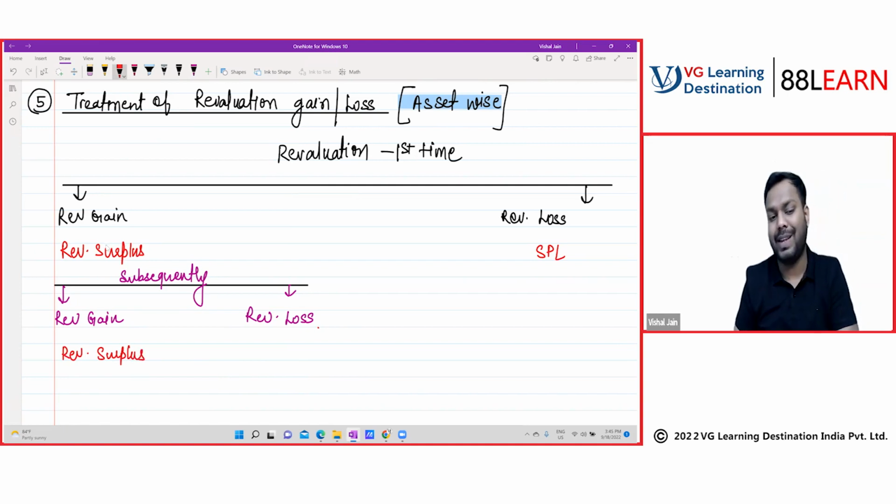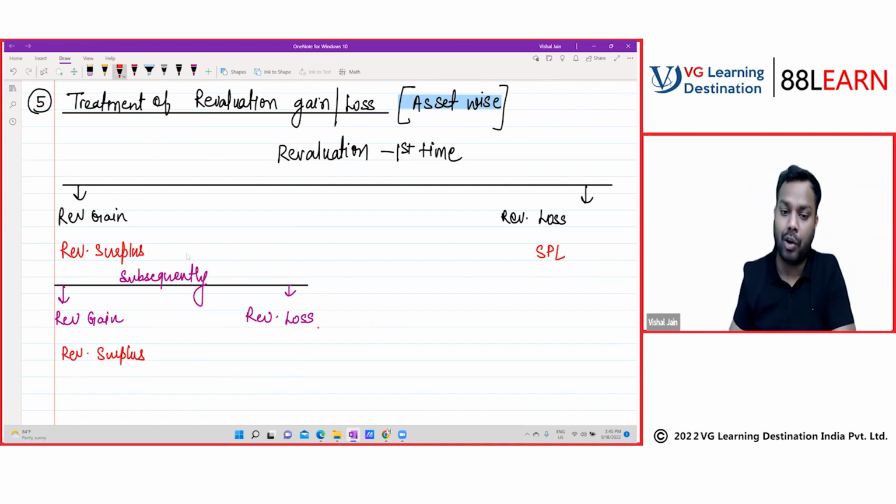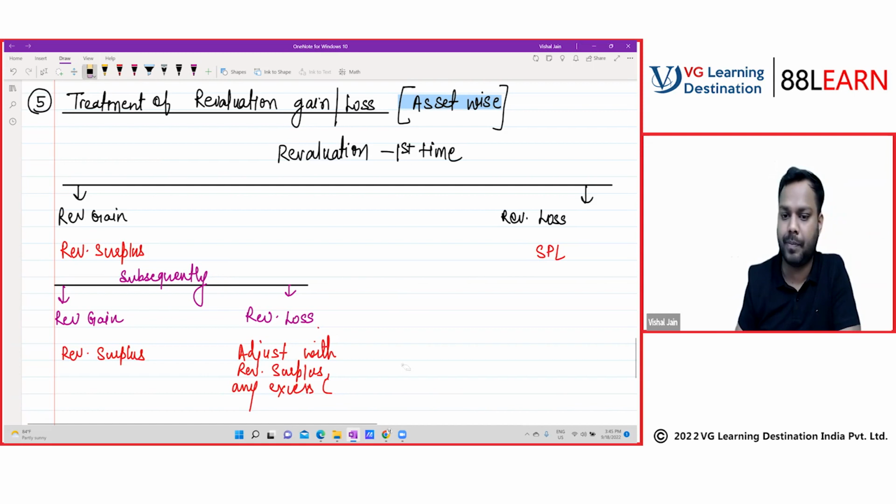But yes, if initially it was revaluation gain, and subsequently it is revaluation loss, what will you do? You will adjust with revaluation surplus, and any excess has to be transferred to SPL.